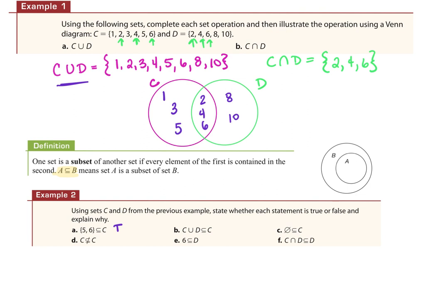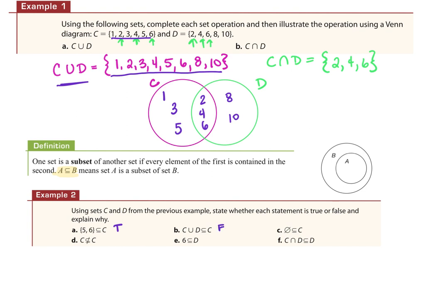What's the union? All of these numbers. What's C? Only these numbers. I have a problem. What's my problem? The problem is 8 and 10, right? Do you see that? 8 and 10 are a part of C union D. They are not a part of just C, so this is false.